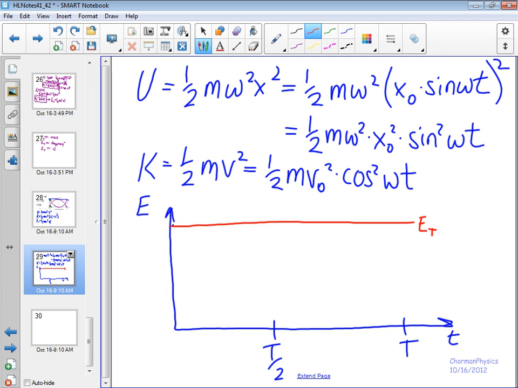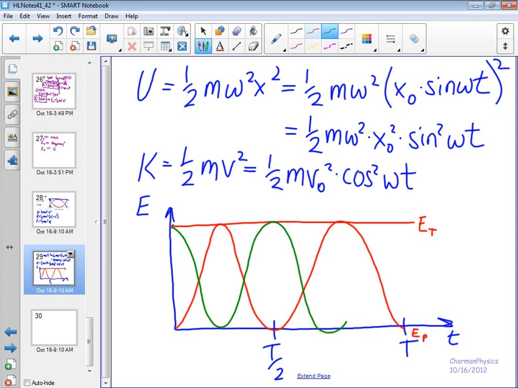And the potential energy curve, since it's sine squared, should start at 0. So the potential energy curve should end up looking like the following. I believe that's your sine squared. So this is EP.